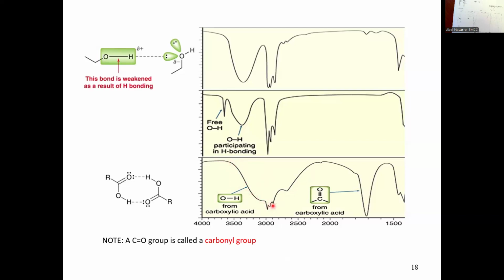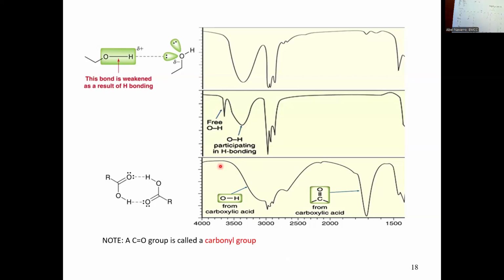Because the OH is so broad, so intense, that it covers it. So that's also the disadvantage of the IR: some peaks are so broad that they might overlap and hide some other peaks that are also very relevant for you. That's why one of the first slides was saying that the IR might be ambiguous. That's the reason it's ambiguous, because a peak that is supposed to give you some information is covered by another peak that is more intense or broader.